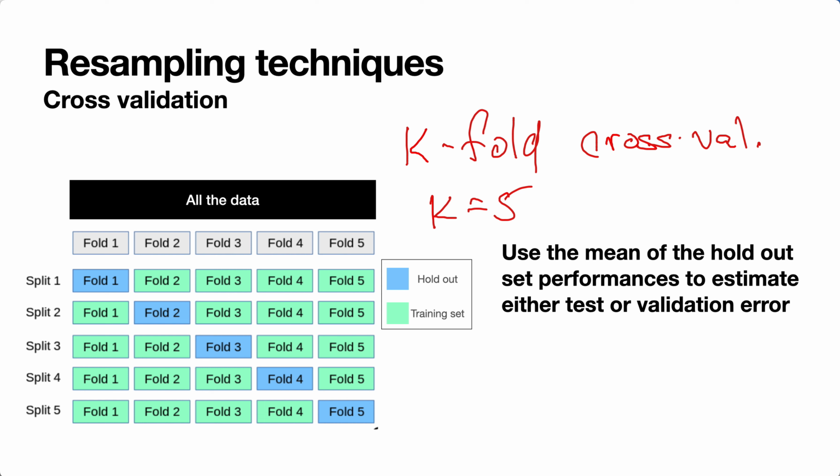Importantly, I want to make clear that these data points are totally random. Like this data point over here ends up in this fold, this data point over here ends up in that fold. We randomize stuff. Why do we do that? Because it's entirely possible that maybe this is the January data over here, this is the February, that's the March.